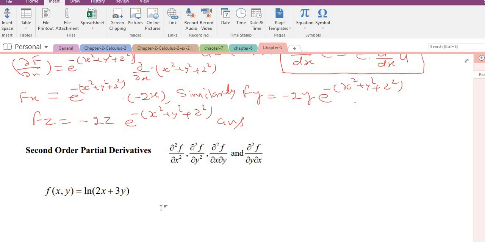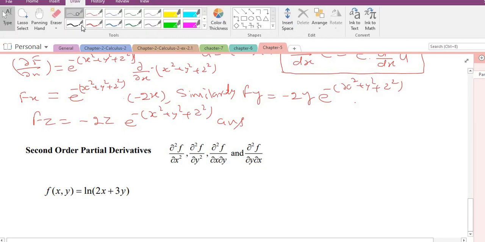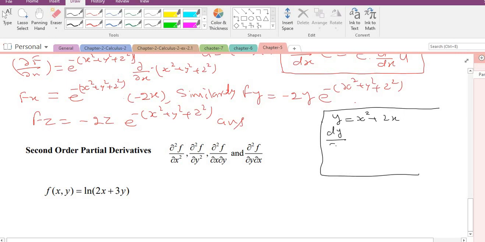Now I am going to tell you how to find second order partial derivative. Second order partial derivative is nothing but the second derivative. That means if I have y is equal to x square plus 2x, and I find the derivative, dy dx is equal to 2x plus 2.